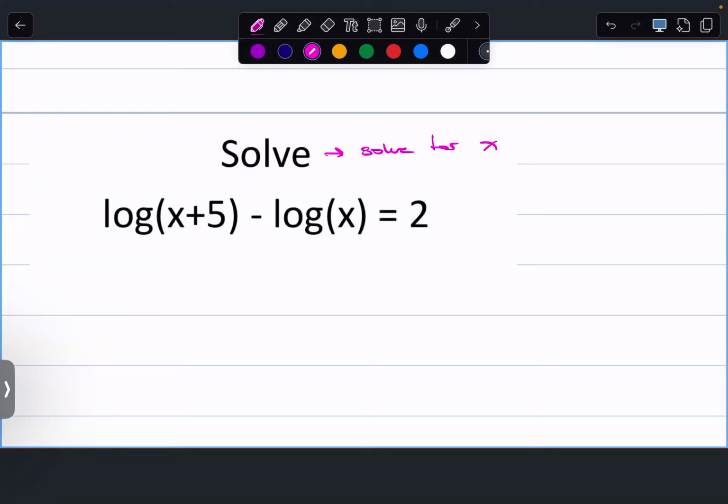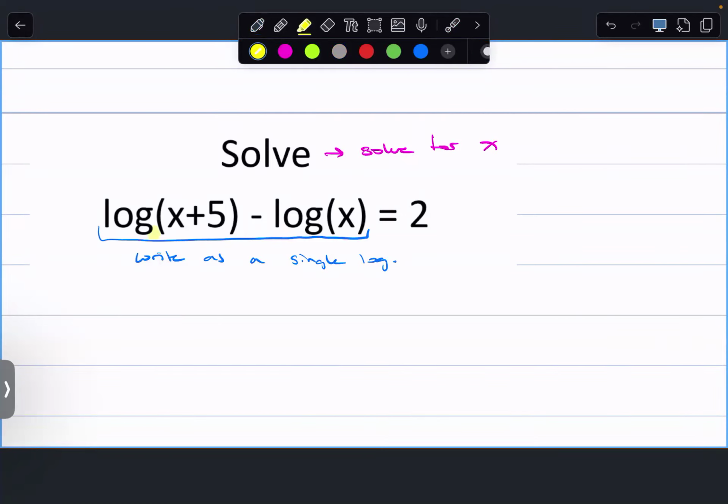We want to get at the x inside the logs, but how can we do that? To get at something inside the log, this is base 10, so we're going to need to take 10 to the power of the logs, but I need a single log to be able to do that, right? And so what we're going to do is write as a single log. Why can I do that?